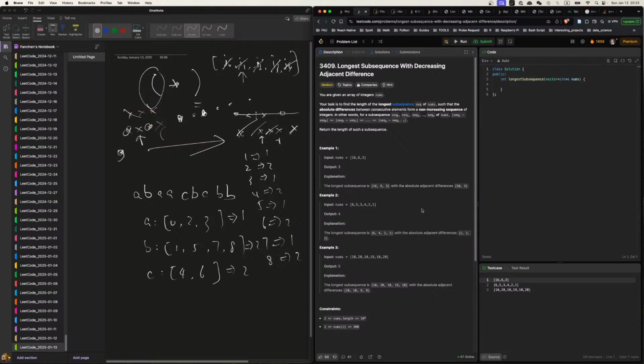So we want the longest subsequence such that the absolute difference between them is always decreasing. Not increasing. It could be equal.